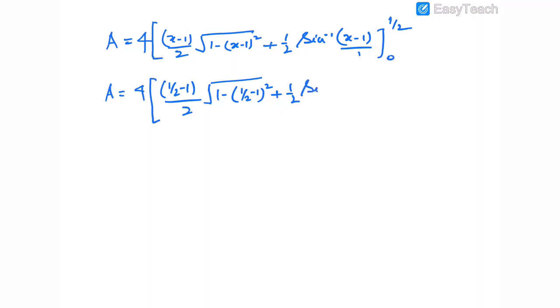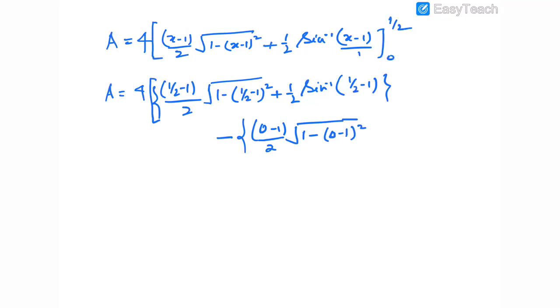So A is equal to, putting the upper limit 1 by 2, 4 times [(1 by 2 minus 1) by 2 root 1 minus (1 by 2 minus 1) whole square plus 1 by 2 sin inverse (1 by 2 minus 1)]. Now putting the lower limit, x is equal to 0, we have minus [(0 minus 1) by 2 root 1 minus (0 minus 1) whole square plus 1 by 2 sin inverse (0 minus 1)].